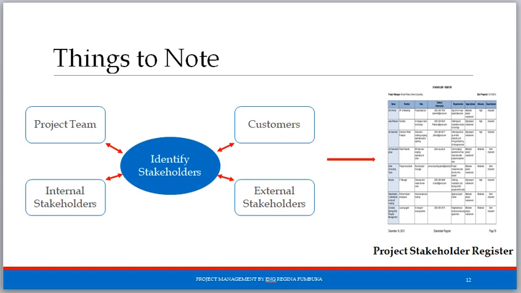Mfano internal stakeholders ni wale kama ni organization, ni wale management, administration, some functional members ambao wako kwenye departments ambao relate directly to your project, au wanaweza pia relate indirectly to your project, lakini pia wanaweza kuwa ni project team wenyewe au ni stakeholders or internal stakeholders.